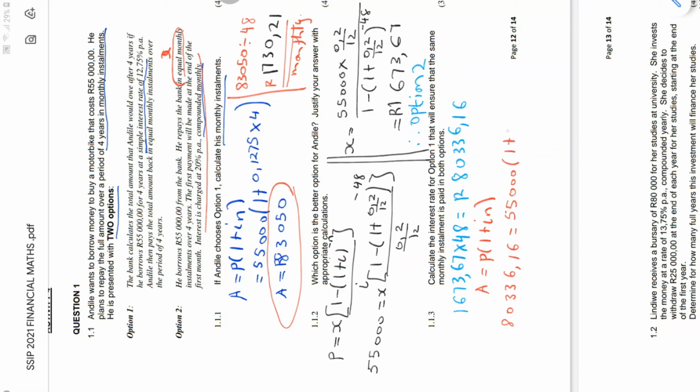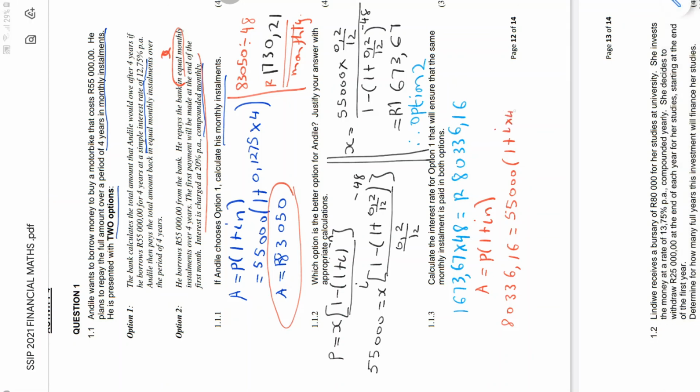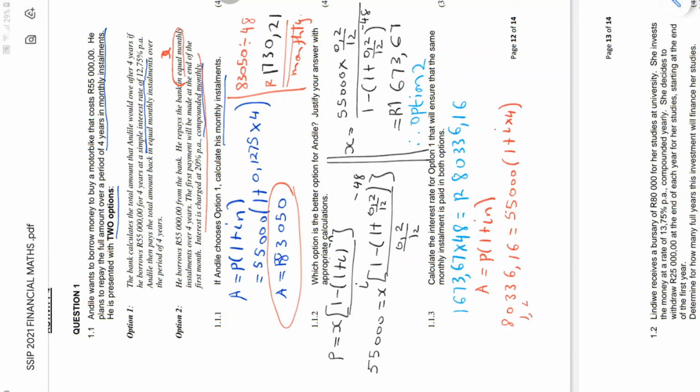We are looking for i, then times 4. So you divide by the 55,000, that gives you 1.460657455, and this should equal 1 plus 4i.